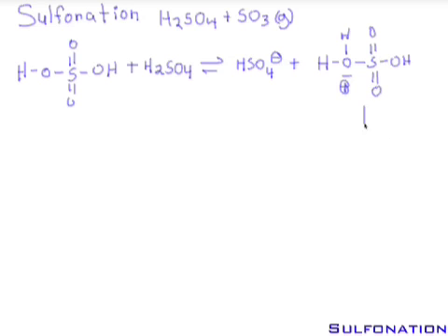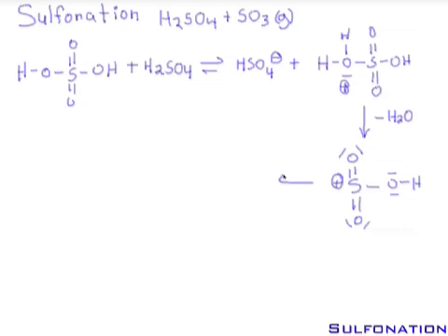Now water is a good leaving group. We can lose water. If you lose water, you'll get S double bond O double bond O, OH. And if you do the electron counting, you'll find out sulfur is positive.